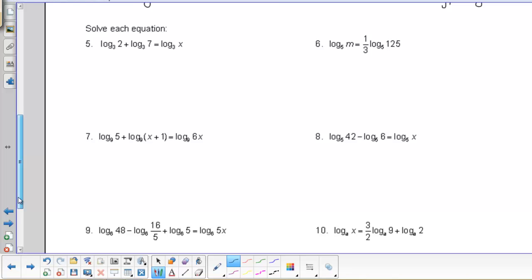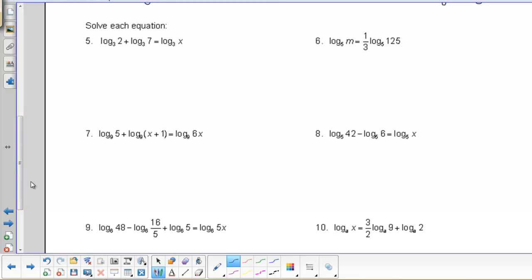Questions 5 through 10 will involve solving. Now remember, once you condense your logs, if the log on the left side of the equation is the same as the log on the right side of the equation, they can drop off. Just like properties of exponents, if the bases are the same, they cancel out, and what's left, your arguments, are how you solve your problem. So I'm using the product property, so that's going to be log base 3 of 14 equals log base 3 of x.